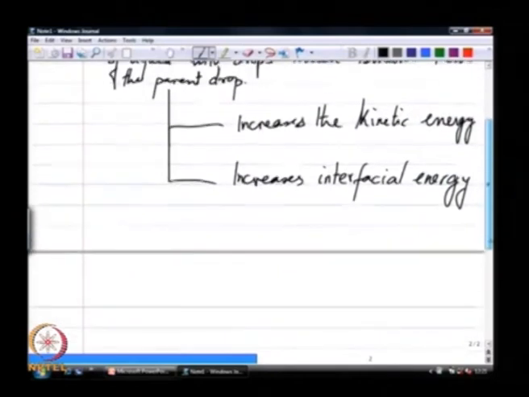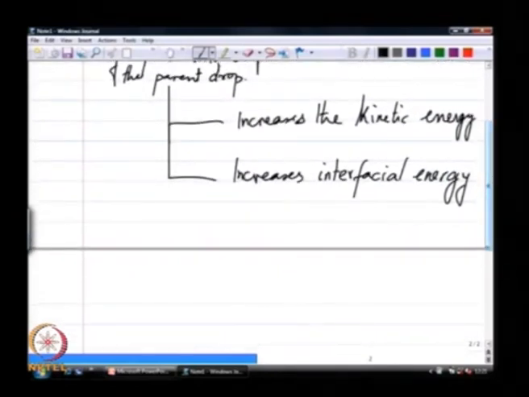Okay, a spray nozzle does both of these in differing magnitudes.